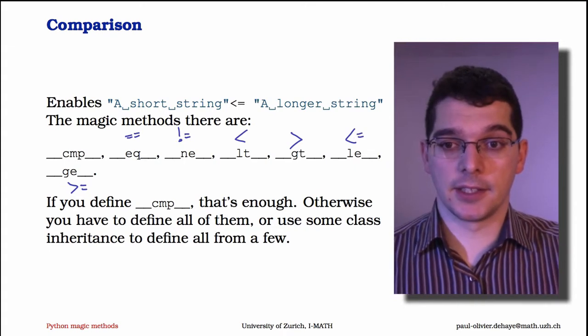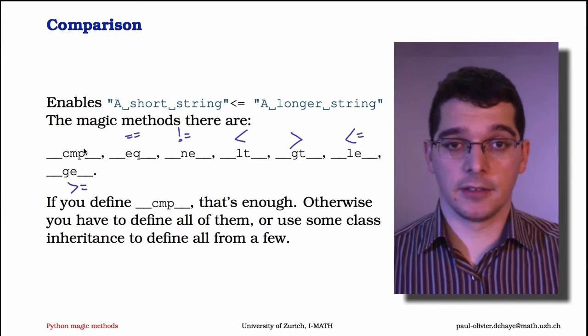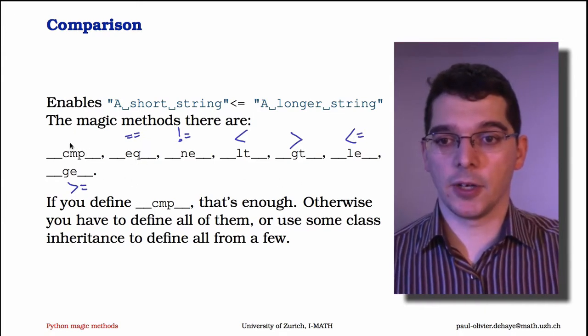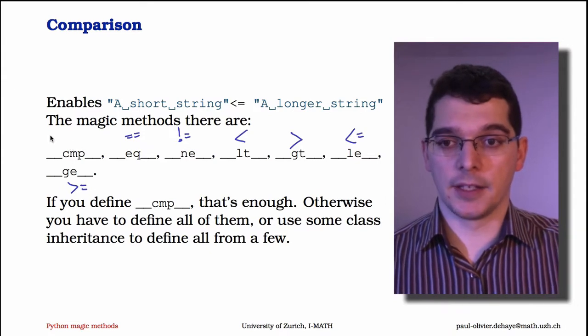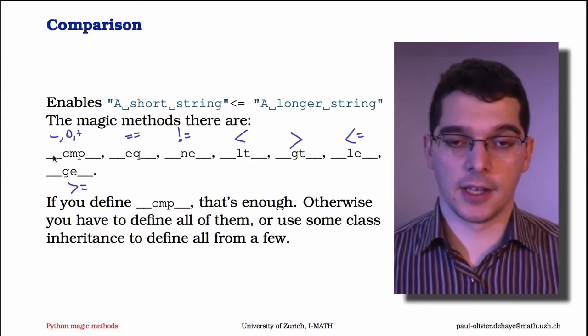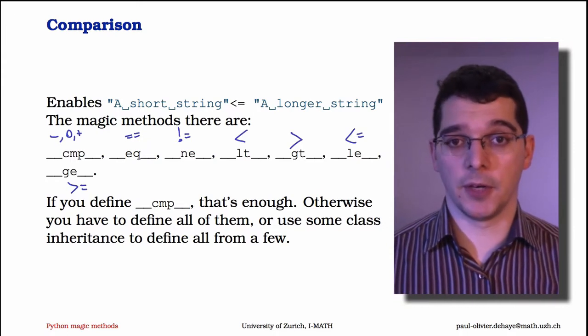So in this case, you can use __cmp__. If you define it, Python automatically defines all the other ones to do the right thing. How it works is that you return a negative number, 0, or a positive number, depending on which way the comparison goes. I think less than is negative, 0 is equality, and positive is greater than.